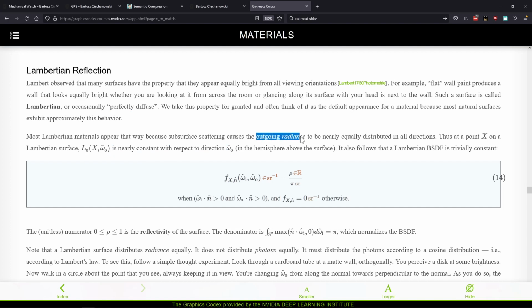The outgoing radiance is distributed equally in all directions. So a perfectly diffuse surface has a radiance that is, in pretty much any direction, the total incoming radiance divided by pi.